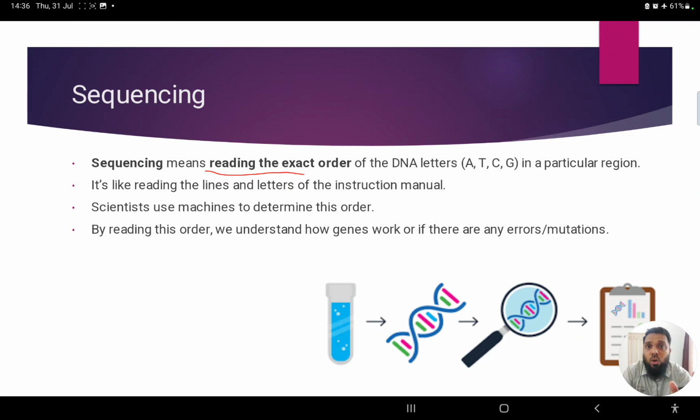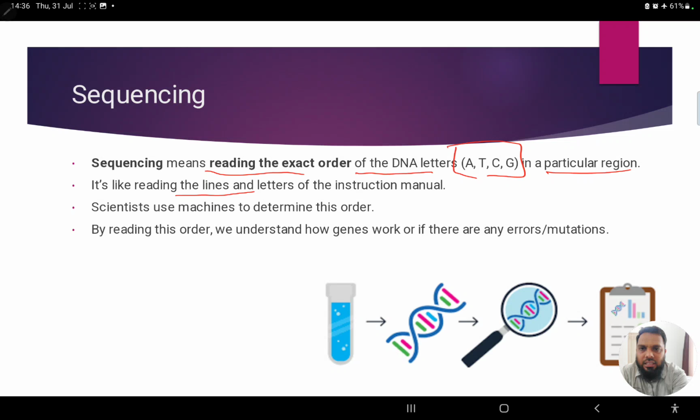But when you try to read it order-wise, reading in exact order of the DNA in a particular region, that DNA sequence available in a particular region is what is called sequencing.